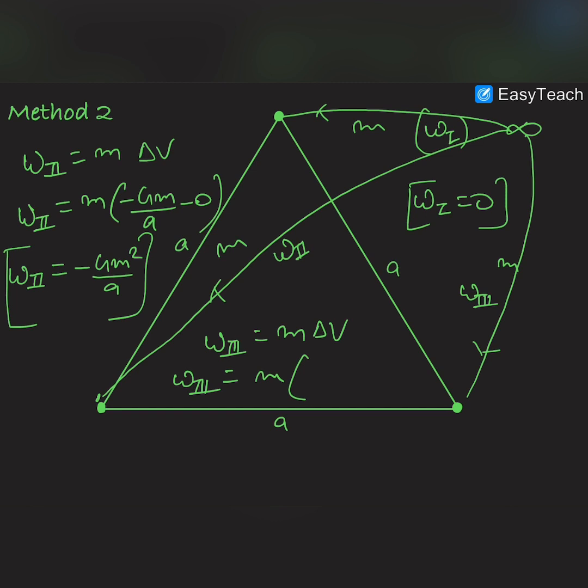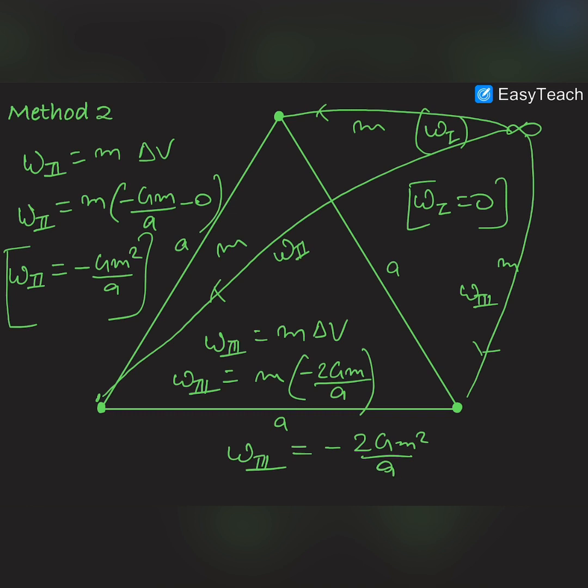So the potential would be minus 2 G m by a, because due to this mass the potential would be minus G m by a, and due to this mass the potential would be minus G m by a. So the total potential would be minus 2 G m by a, and the work done, W3, would be equal to minus 2 G m square by a.